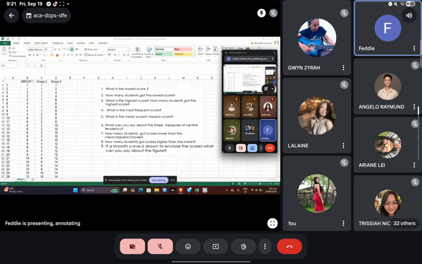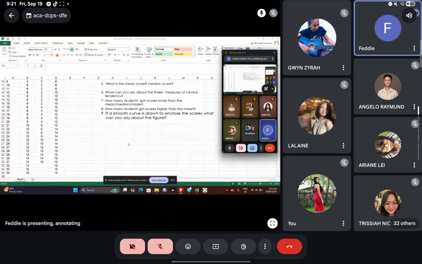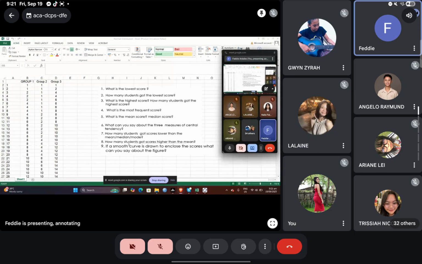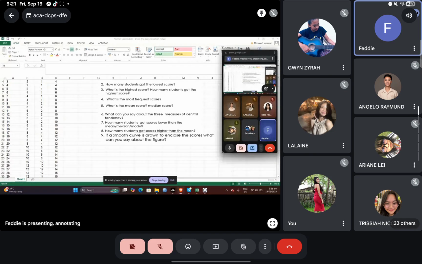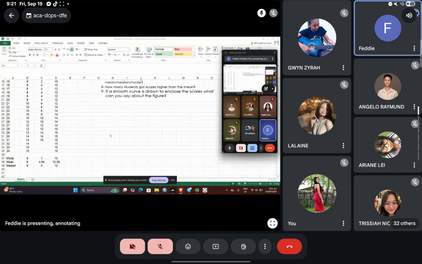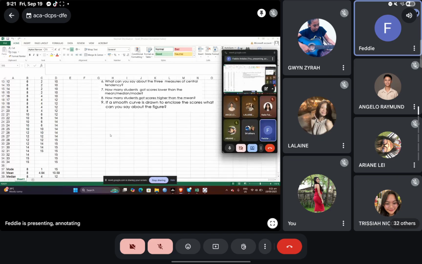Between these groups, group 3 has the most students who got the highest score. And for each group, the most frequent data that appears, let's say in group 1, the most frequent data is 8. In group 2, the most frequent data is 1.